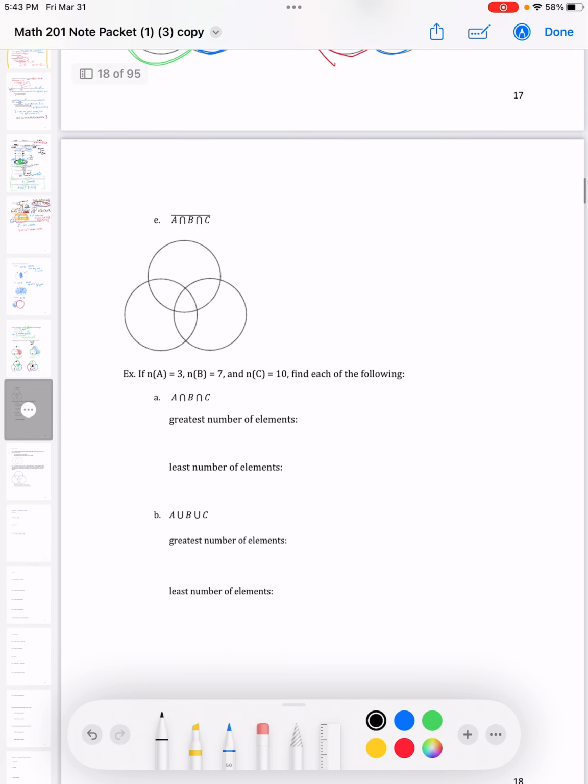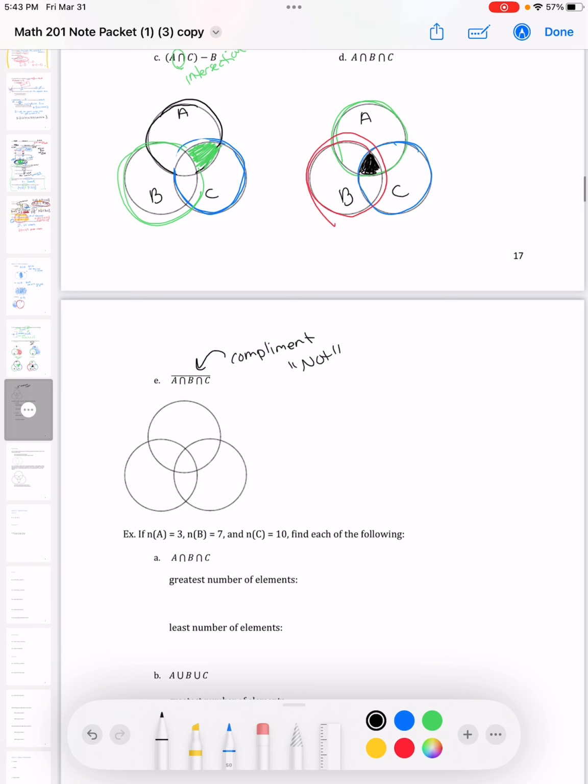We've got another one here on the next page, and I wanted to look at it. This is actually something we covered in the last section. That little bar is the complement, or we might say it's not. So it's everything that's not the one we did before. So remember from up here, that intersection.